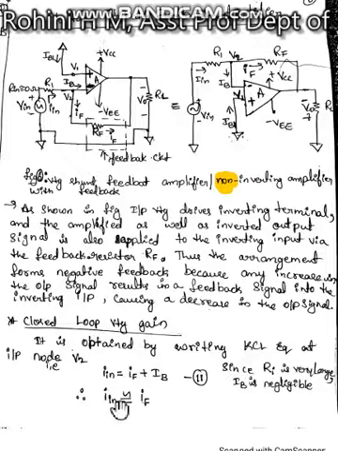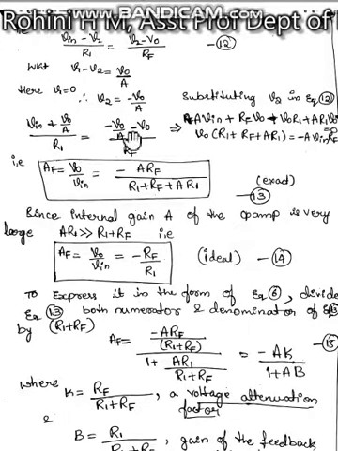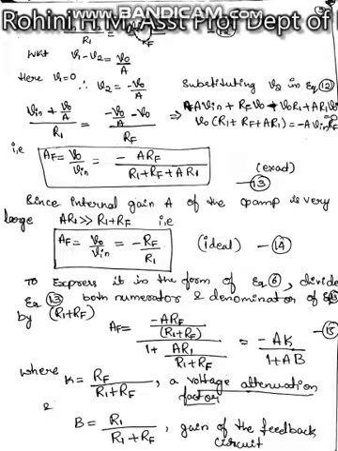So I in is equal to I_F. I in flows from the V in terminal to the V2 terminal, so we can write I in as V in minus V2 divided by R1. I_F is the feedback current flowing from node V2 to the V out node, so we write potential difference by resistance: V2 minus V0 divided by R_F.